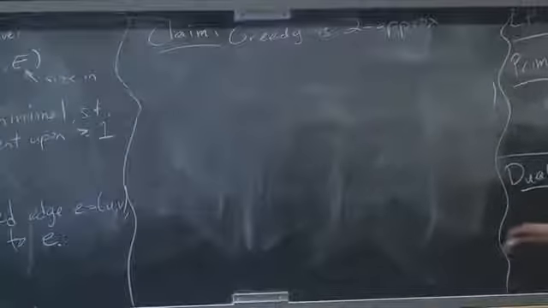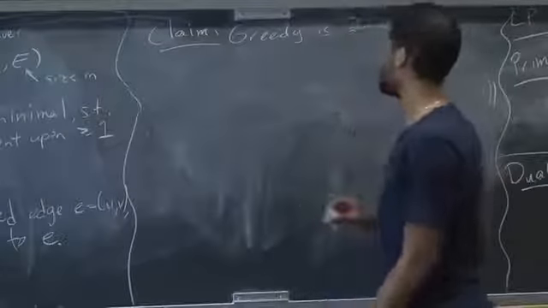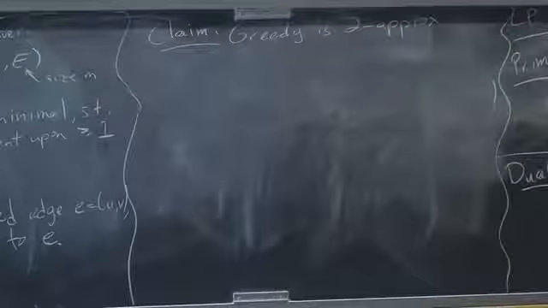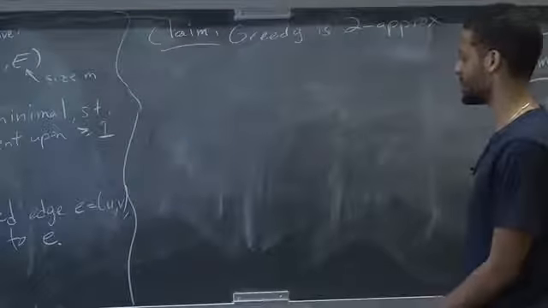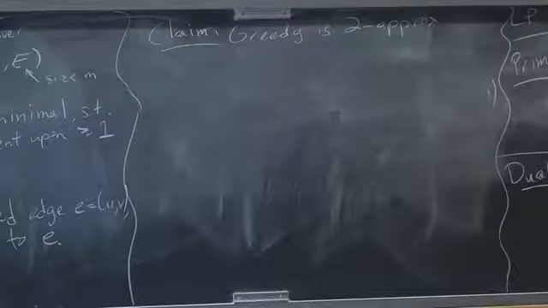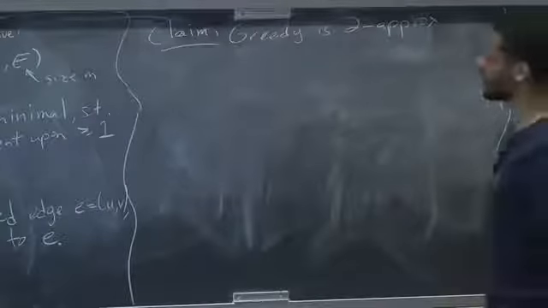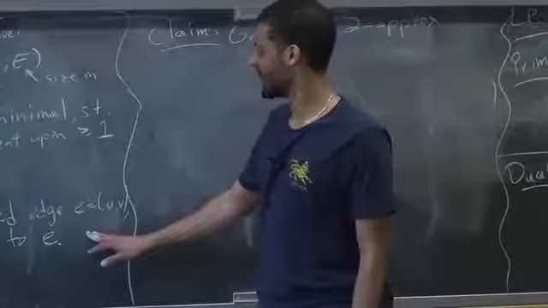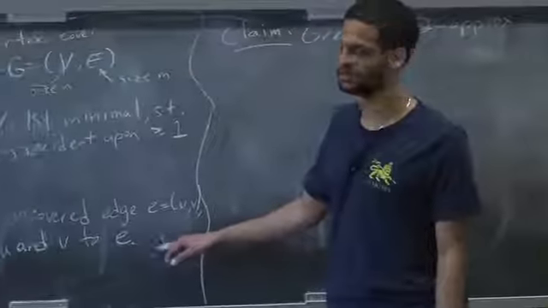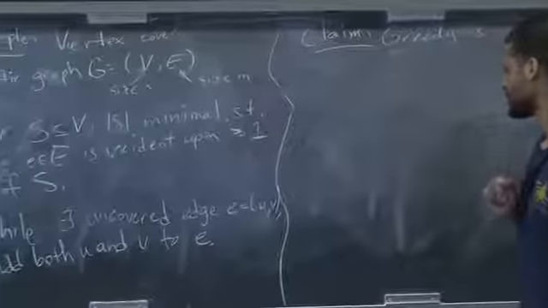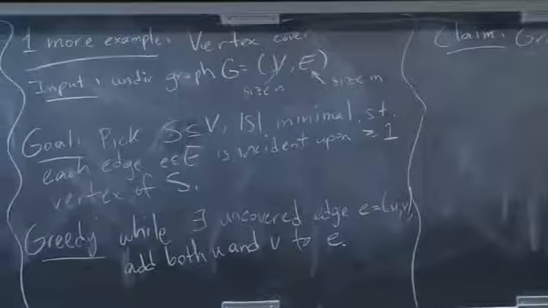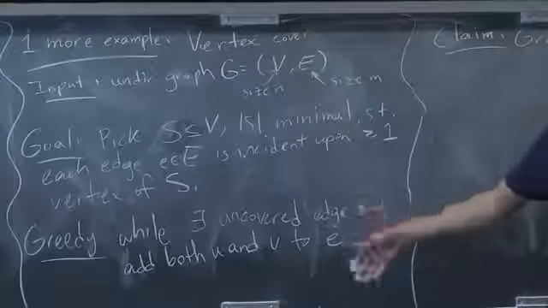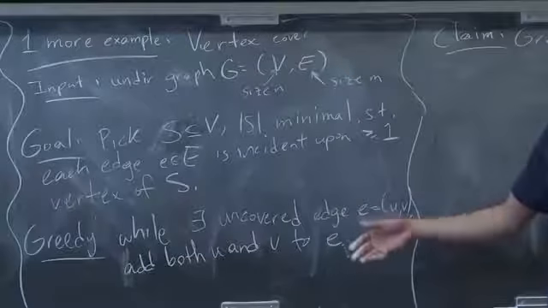There are many proofs. We'll see a primal dual proof. But one proof is you can say, look, at the edges that appear in this loop throughout every iteration.